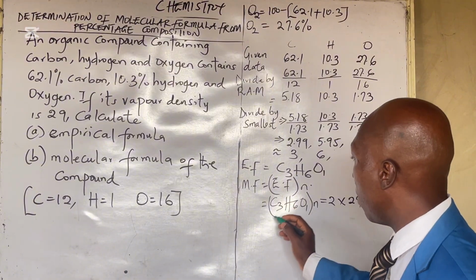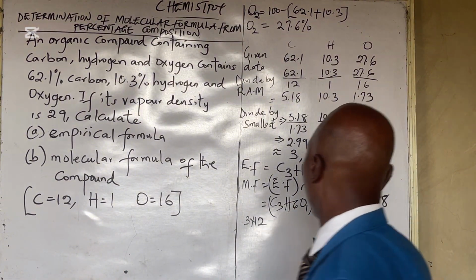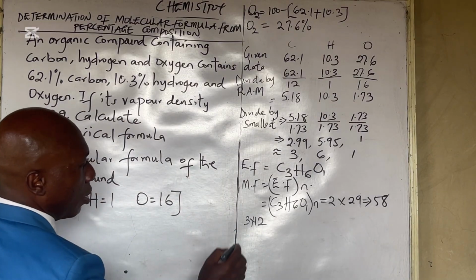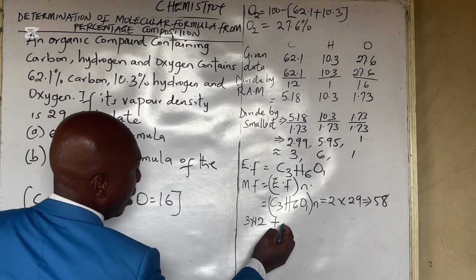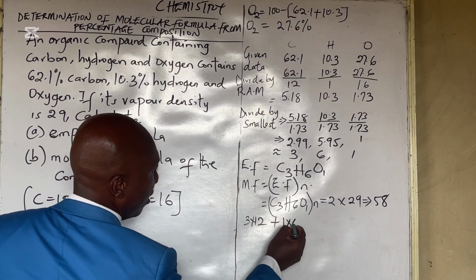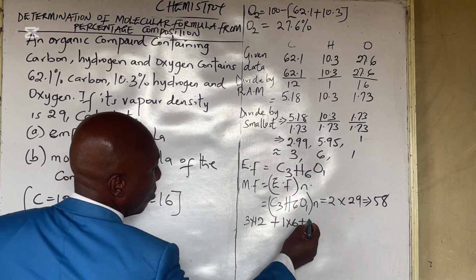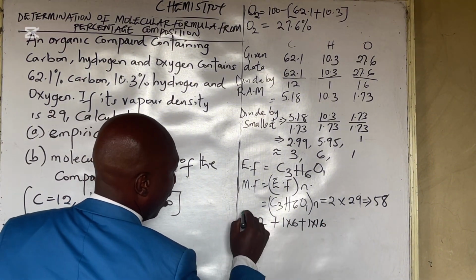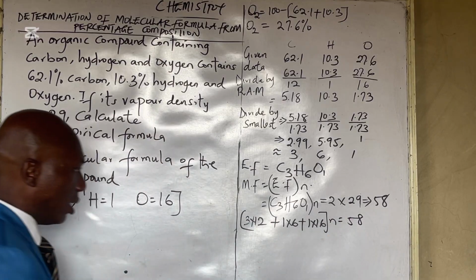So we have carbon here is 3 times 12, see what I'm doing, plus hydrogen is 6 times 1, oxygen is 1 times 16, everything in bracket N will give us 58. So let's do this very well.